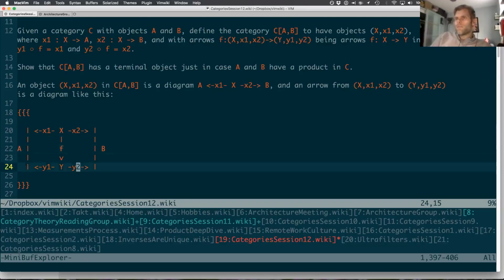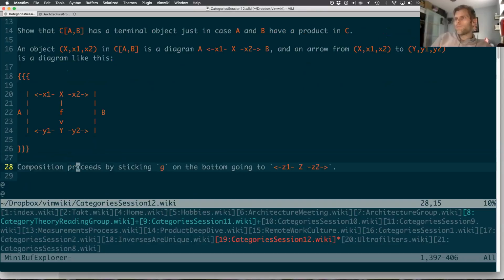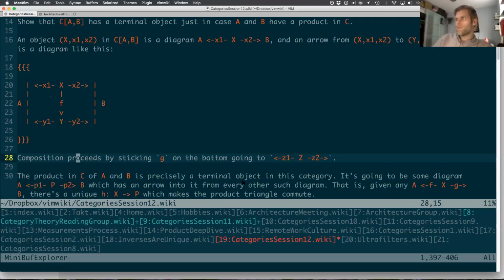Okay. And then for composition on these arrows, we just stick another arrow at the bottom. So if we have another object Z and then Z1 and Z2, they go into A and B. Then we have some arrow g at the bottom here that makes the further diagram commute.